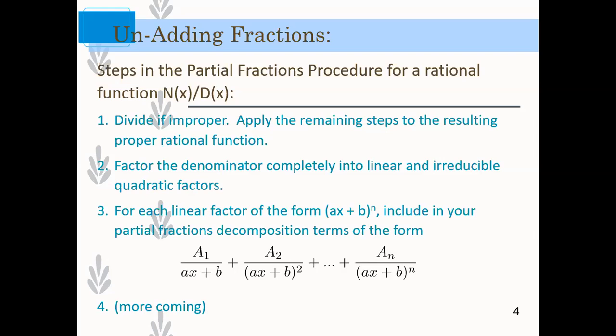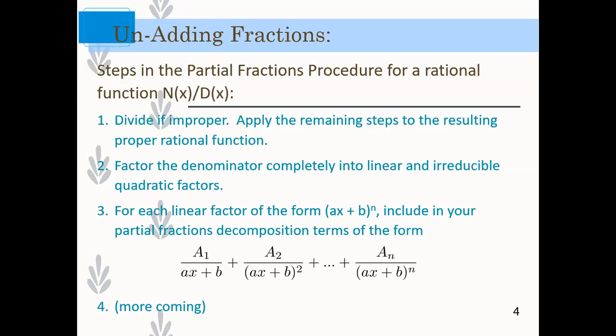Okay. For each linear factor of the form (ax + b)^n, this is something that's slightly new. For each linear factor of the form (ax + b) raised to the power n, include in your partial fractions decomposition terms of that form.